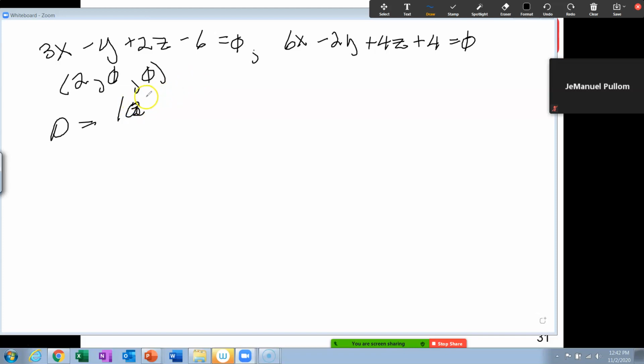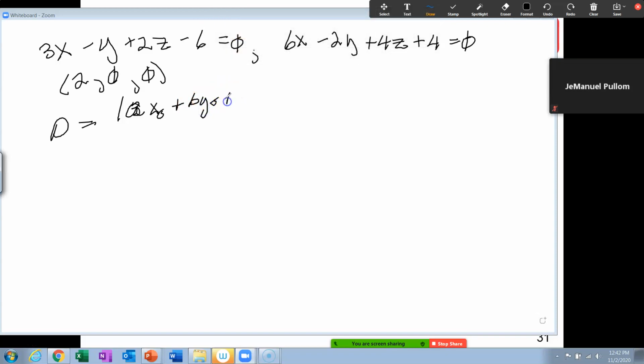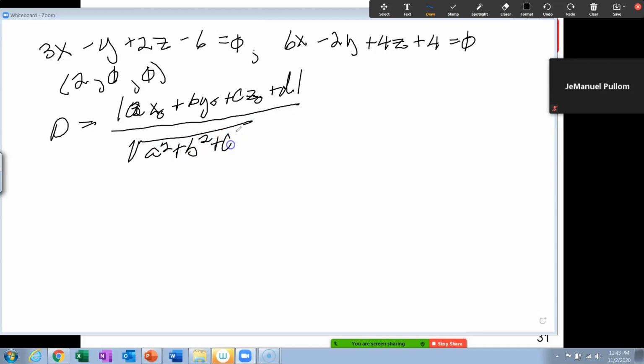A x0 plus B y0 plus C z0 plus D, absolute value of that, divided by the square root of A squared plus B squared plus C squared. That to me is the easiest formula to use.